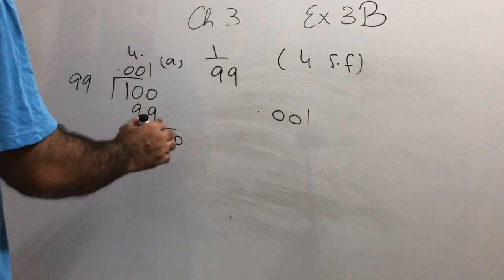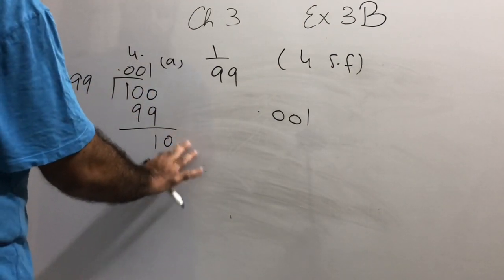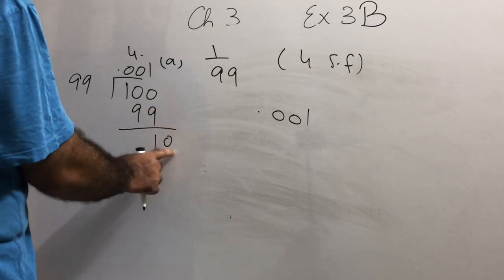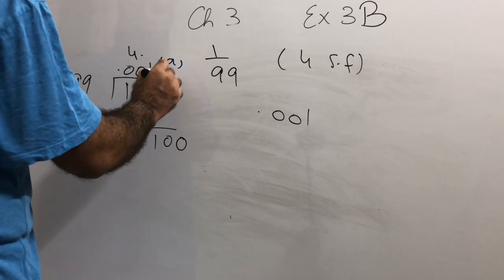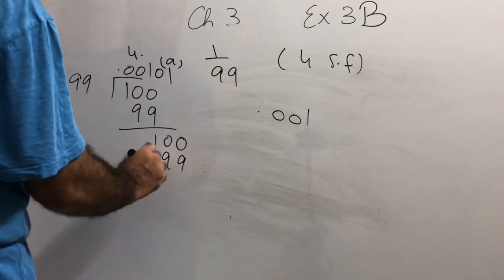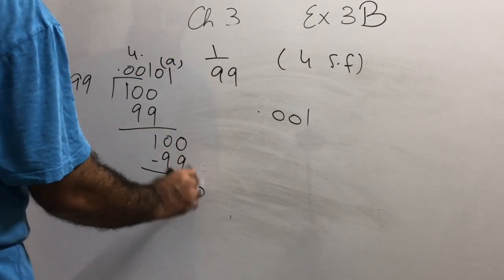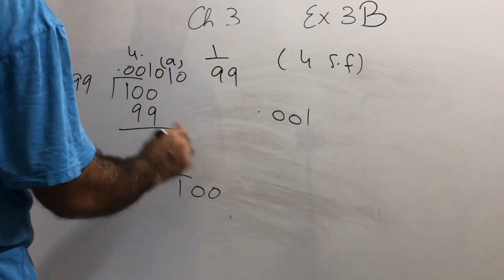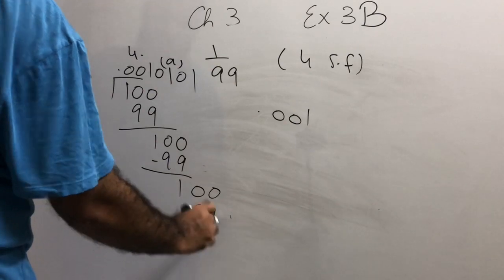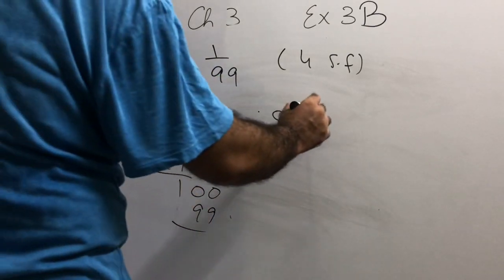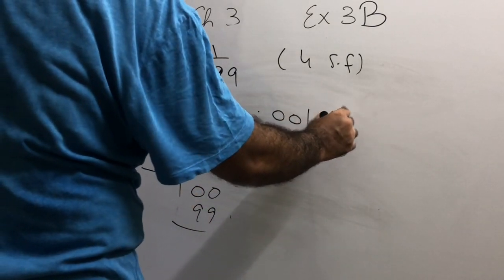if we move ahead, it is still smaller. We put 0. 91 becomes 91. Still smaller, put 0. So it becomes 0.0010101.